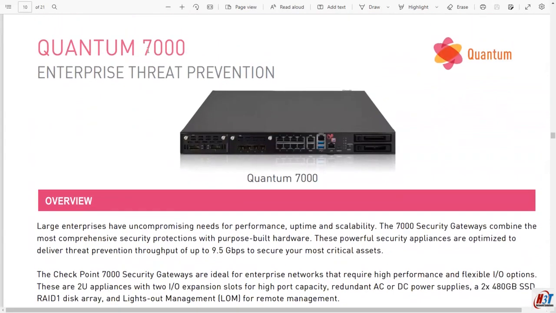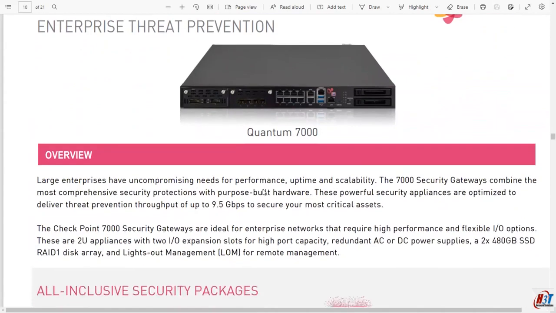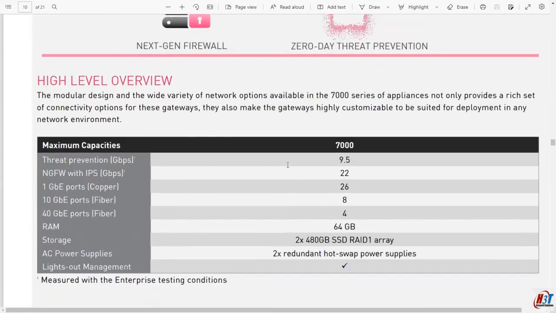Now coming back to the 7000 series, these are also the enterprise threat prevention, Quantum 7000. Coming back to the numbers, threat prevention is 9.5 Gbps, and the next generation with IPS capabilities is 22 Gbps. You get 26 1 GB Ethernet copper ports.